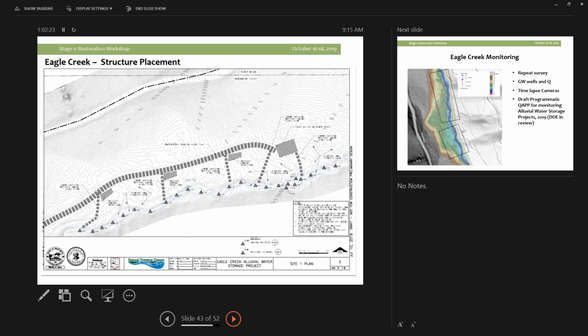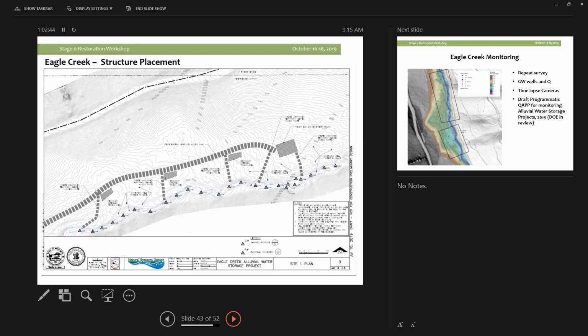So one of the challenges of this is that we're working in small systems because that's where we can get these projects in and we can try some of this stuff out where there's less risk. But with small systems, there's also less discharge to actually measure, detect, and affect. There have been 2 studies in California which have shown a difference.